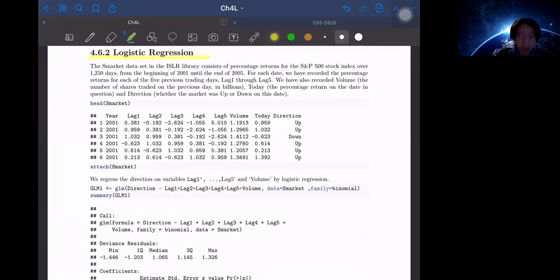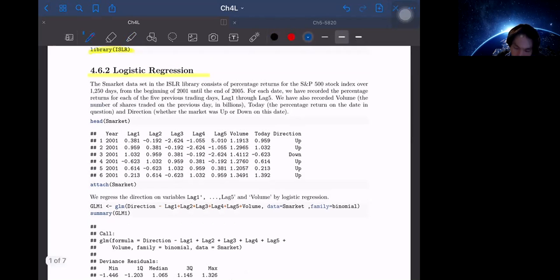First, logistic regression. Think about the stock market data. X_t is the stock price on day t.